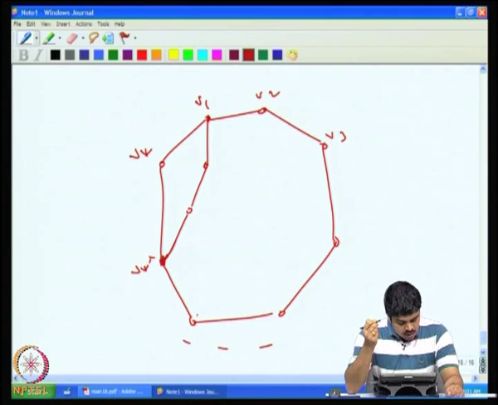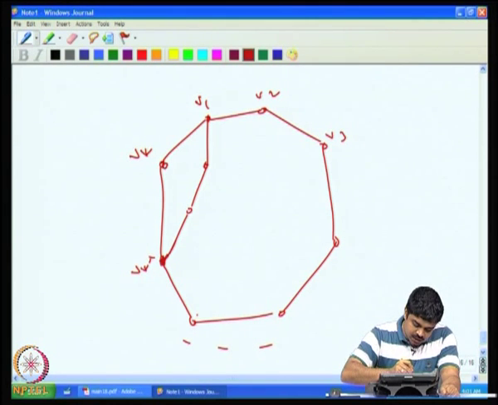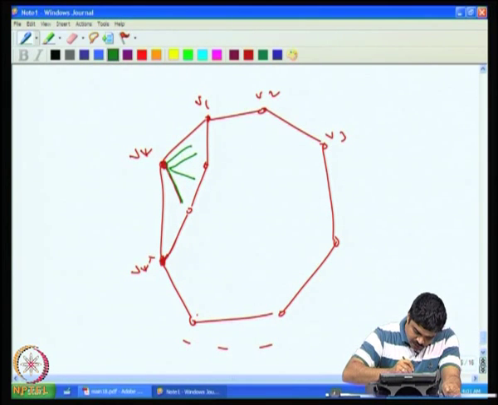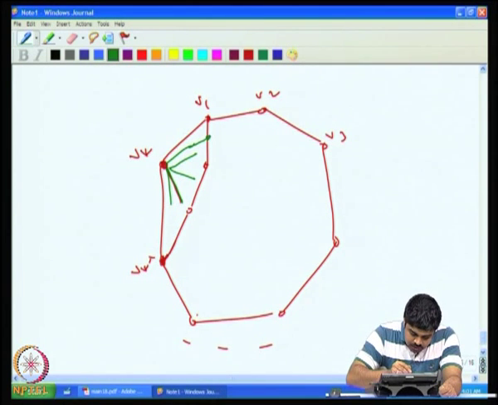Now, if it is a shortest path, and you look at the neighbors of Vk, so Vk minus 1 is one neighbor, we get some neighbors here. Because inner faces are triangles, there should be an edge here.